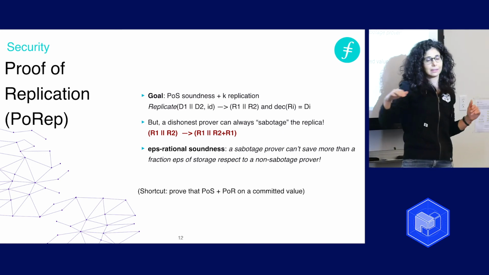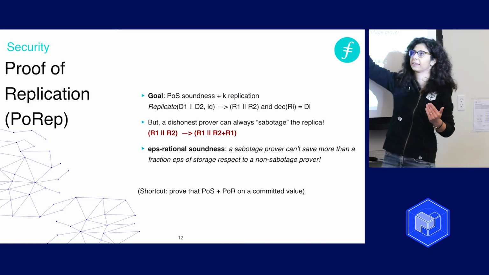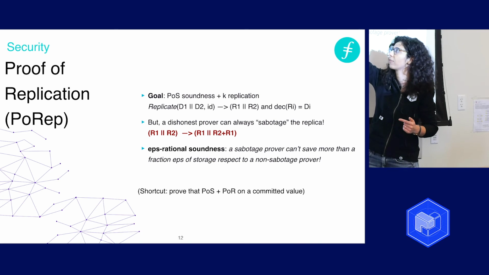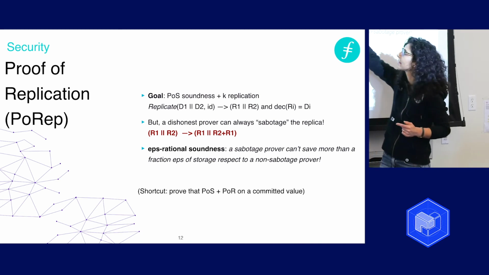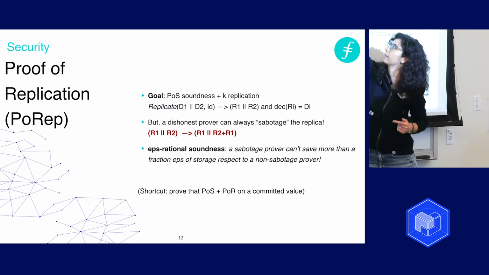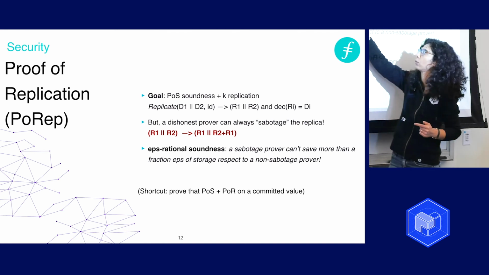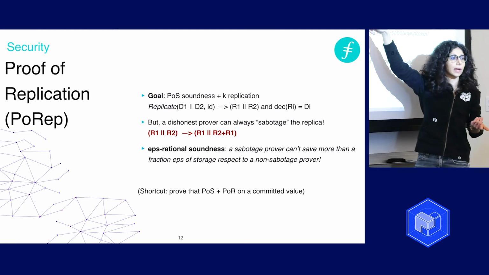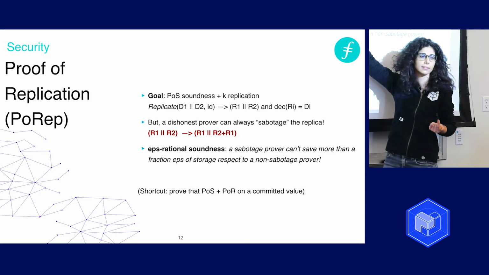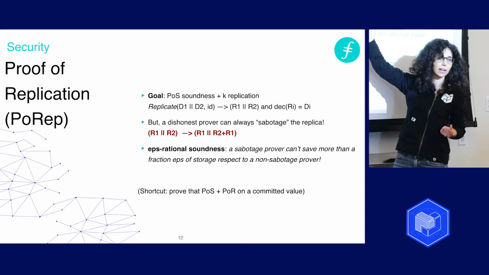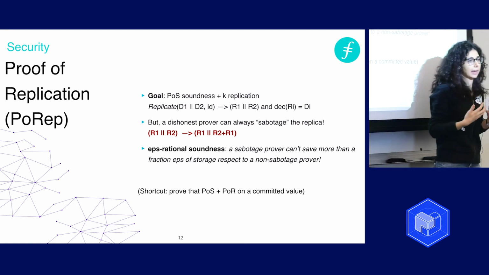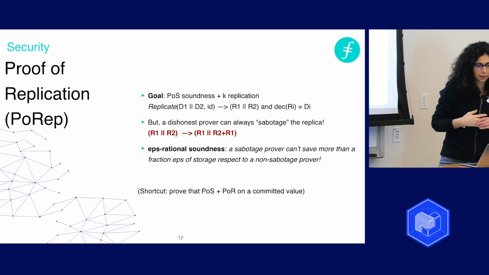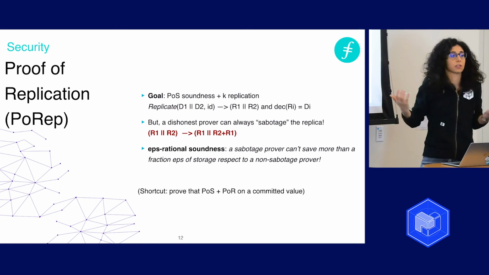In this case, this is a replication, I have 2 things, but I can't extract my second block of the data just looking at this. I have to look at this. Saying it another way around, if I lose this, I lose also the second piece of my data. So this redundancy of replication is destroyed.